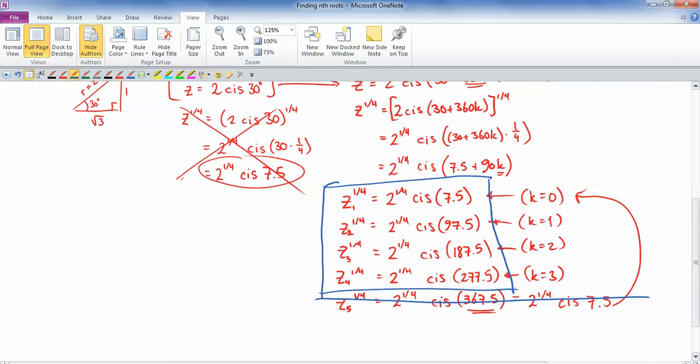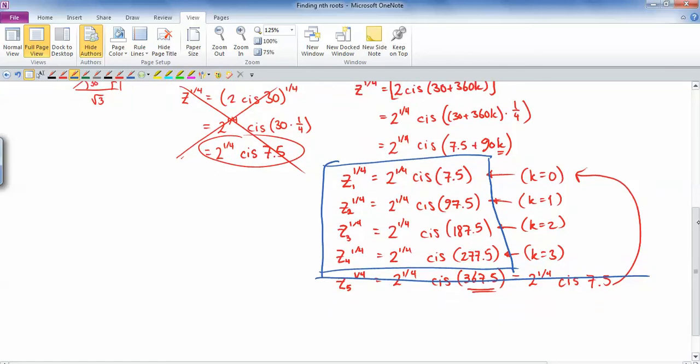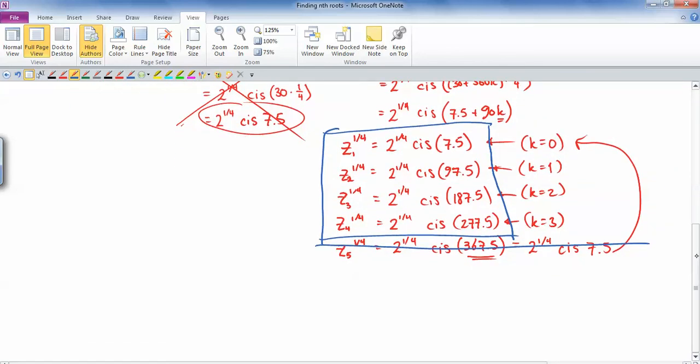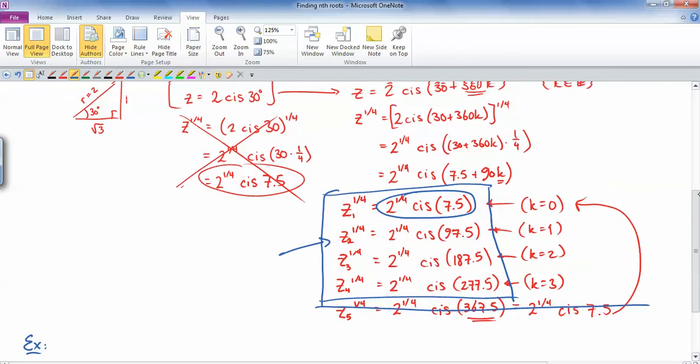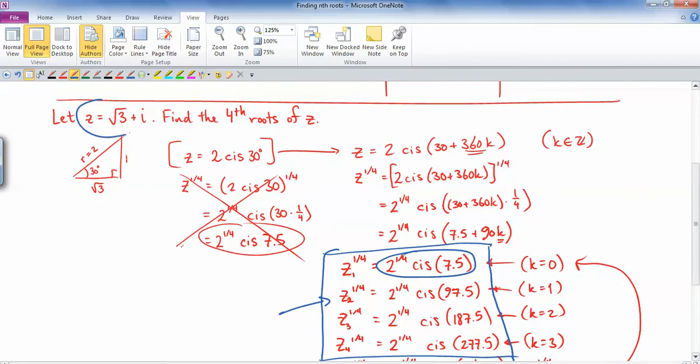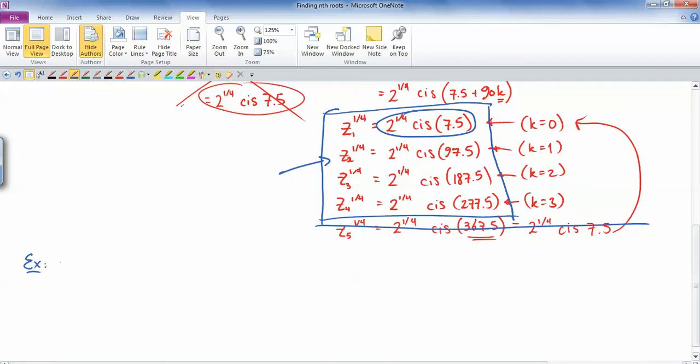So let's try one more example because the wording is a little weird in my opinion for this. By the way, what this means here is, I could take any one of these, raise it to the 4th power, and if you do that, you will get that z back, right? Okay, so let's do one more example.